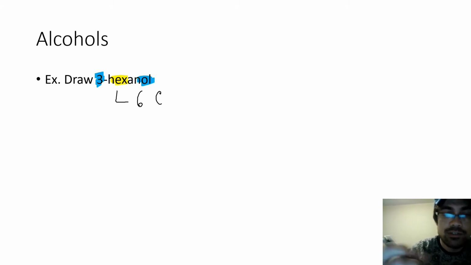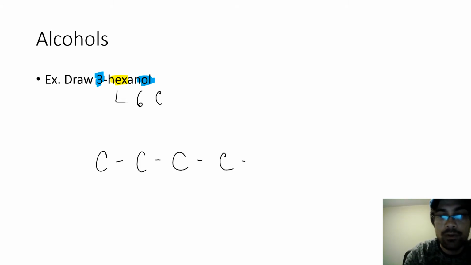Okay, so let's draw out our parent first. So 1, 2, 3, 4, 5, 6. And again, the alcohol or the hydroxyl is attached to the third carbon. So right there, oops, there's our OH.